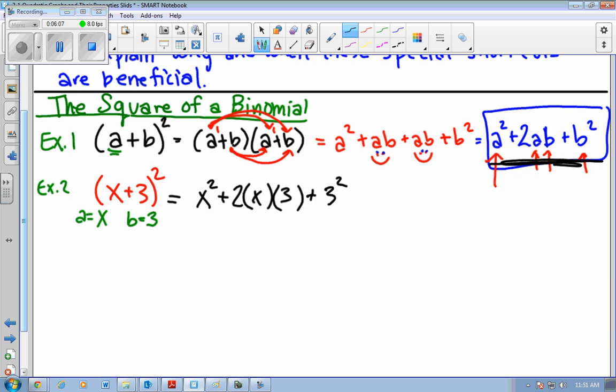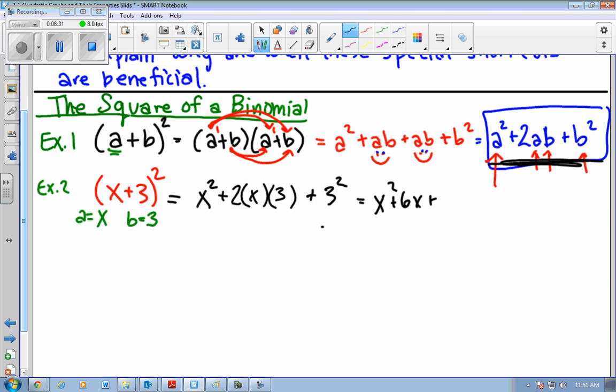With practice, this is actually easier. The first time when you're seeing it, I know you're like, what is this? I promise you, with practice, which we will be doing today, it will get easier. So let's simplify. x squared plus 2 times x times 3. What's that? 2 times x times 3. 6x plus 3 squared.